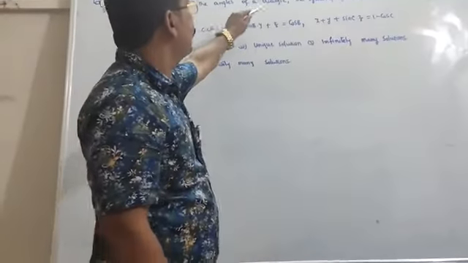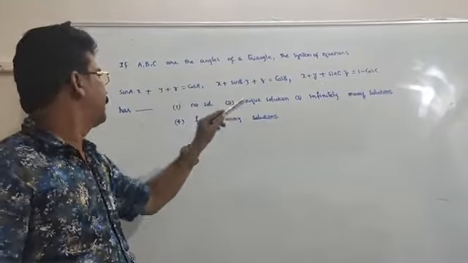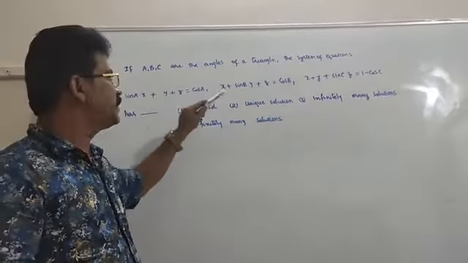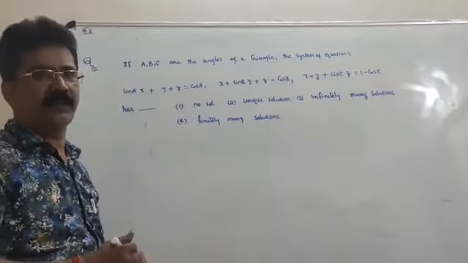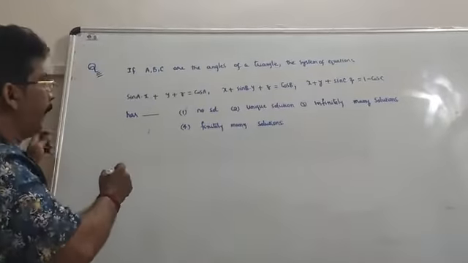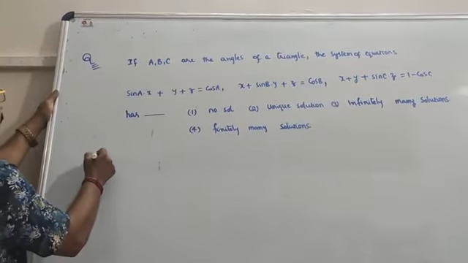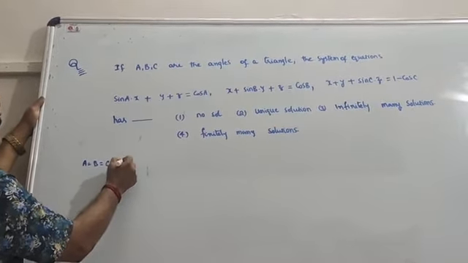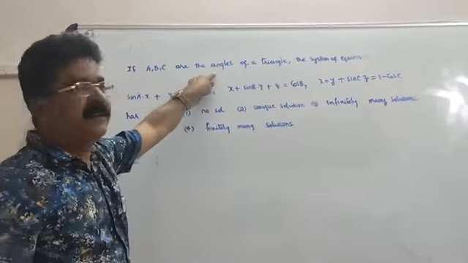If A, B, C are the angles of a triangle, then a system of 3 equations is given. This system has: no solution, unique solution, infinitely many solutions, or finitely many solutions. This is the question. For an easy way, we take A equal to B equal to C equal to 60 degrees, because A, B, C are the angles in a triangle.